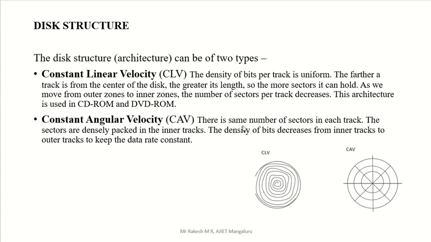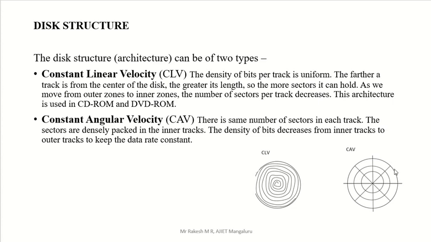Constant angular velocity means, that is the second diagram, there is the same number of sectors in each track. In CLV we have a different number of sectors: in the outer region many sectors, in the inner region a small number of sectors. Here it is not like that.